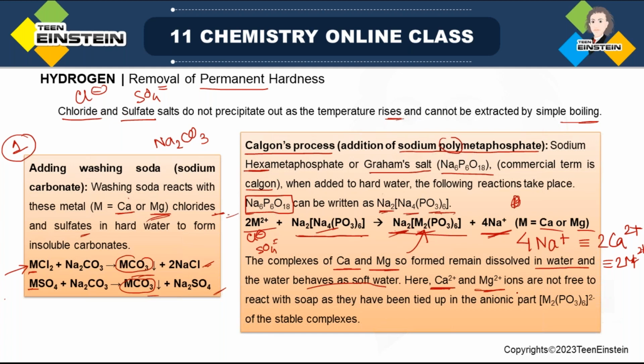But the metal ions inside are not free to react with soap. So there will be no problem that some scum or precipitate will be formed. No, that will not happen. It can form lather, as they have been tied up in the anionic part. So this is the anionic part. This is the cationic part. And in the anionic part, it is trapped. So there is no problem of hardness. This is the second method.